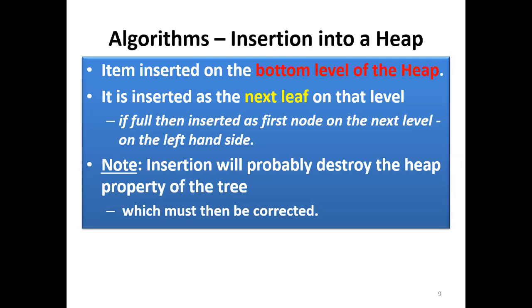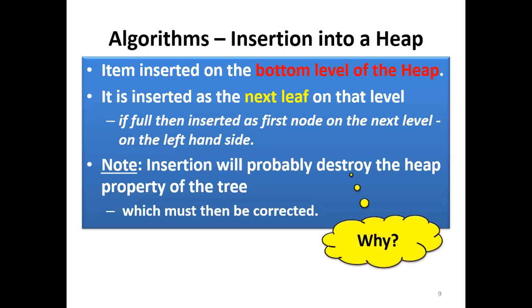On performing the insertion, the element we inserted might destroy the heap property of that tree. When that happens, we must perform a restructuring operation to restore the heap property that it has lost.